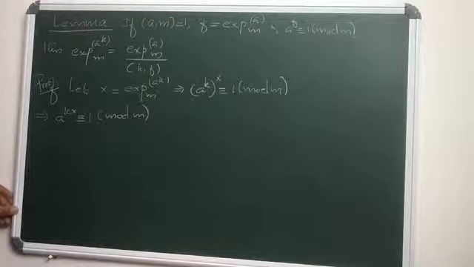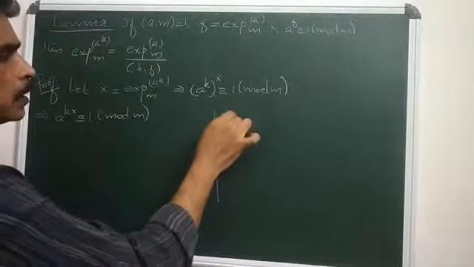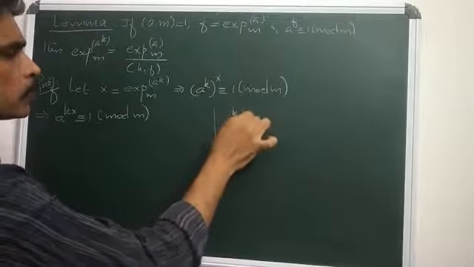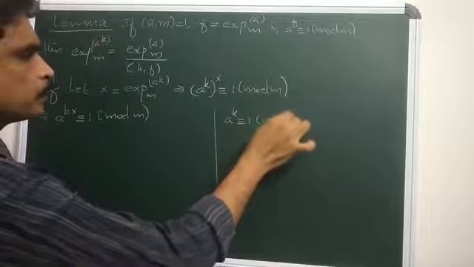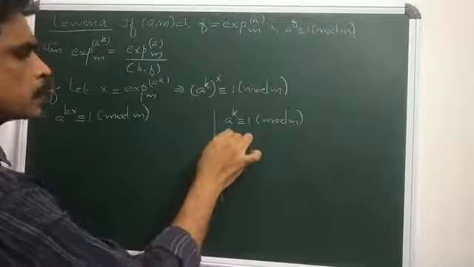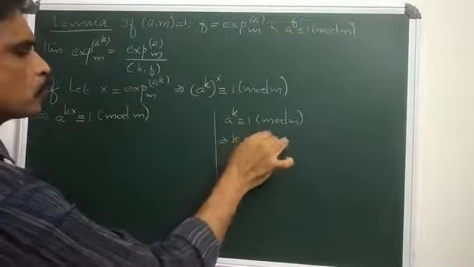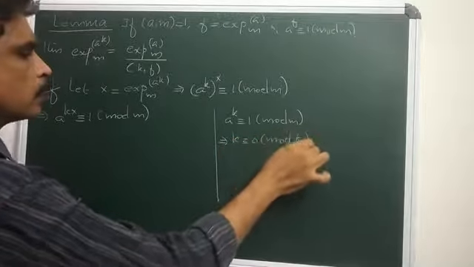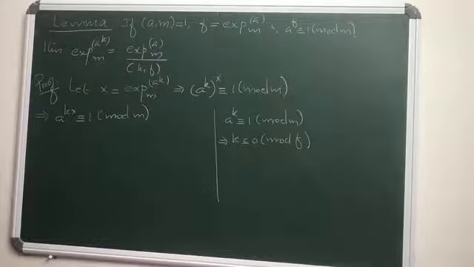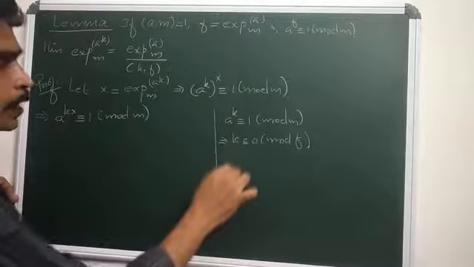Okay, but we know that if a to the power k is congruent to 1 mod m, this should imply k is congruent to 0 mod f. This is a well-known result: if a to the power k is congruent to a to the power h mod m, then k is congruent to h mod f. So this is a special case of that result.